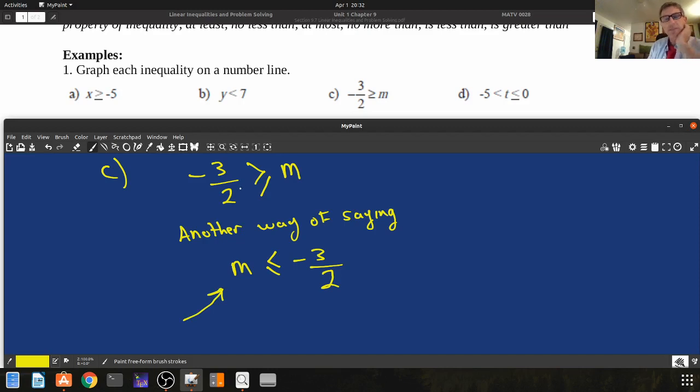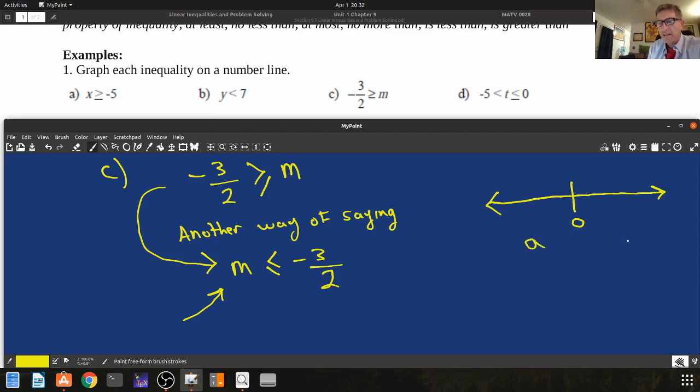If you're given an inequality sign that points to the right, just move everything around so that you have the exact same statement, with the inequality sign pointing to the left. And the reason is when I draw my number line, that's the natural direction of pointing.